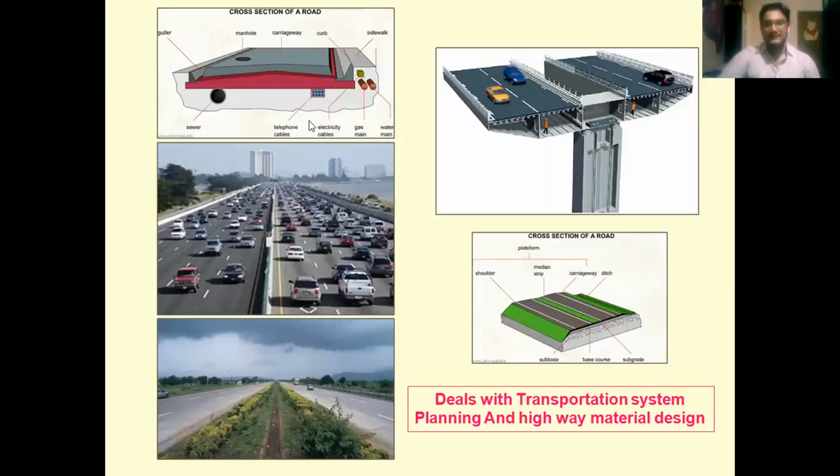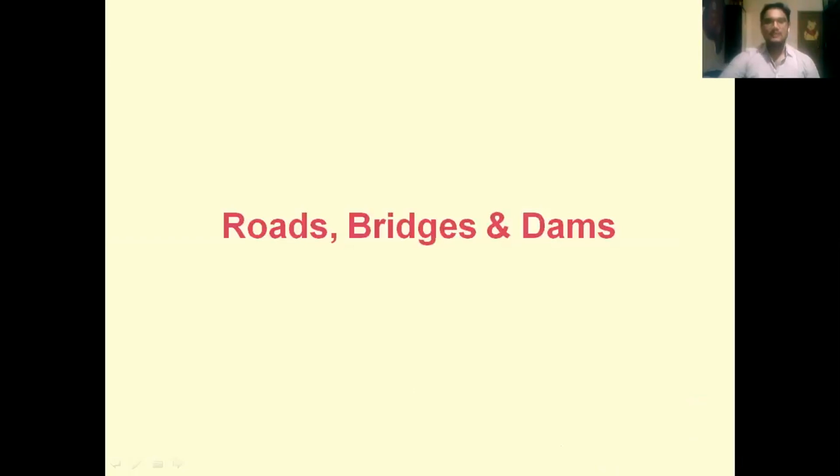This is a structure which is accommodating both the roadways and railways, right? Maybe this part you can treat as being for structural maintenance purposes. And you can see the roadways over here, which deals with the transportation system where it can plan highway material design. So that is how we just covered the different specializations of civil engineering.